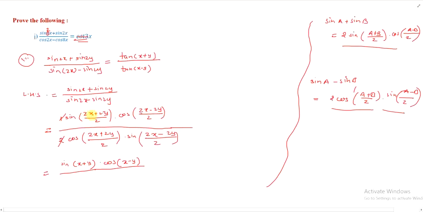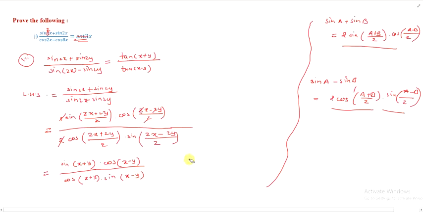Here we can cancel the common terms in the numerator and denominator.